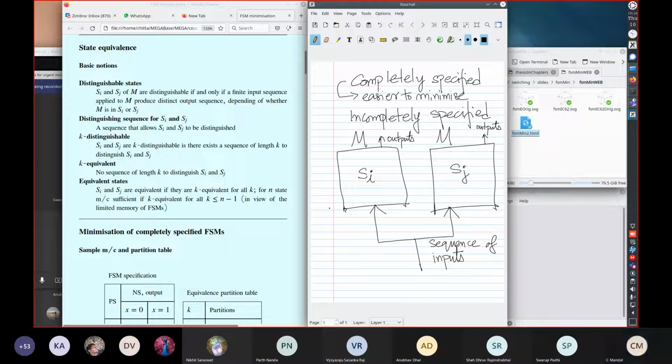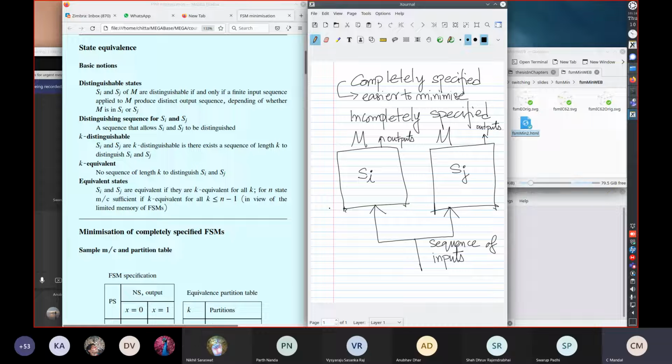All right. So two states, if they are distinguishable, then there's a way to distinguish them. If you can distinguish them with a sequence of length k, then you can say those are k-distinguishable. There exists a sequence of length k to distinguish between these two states.